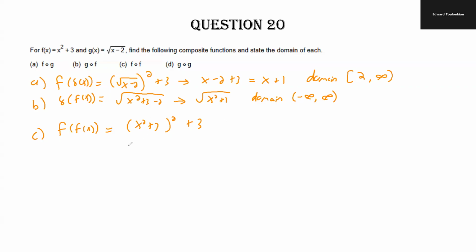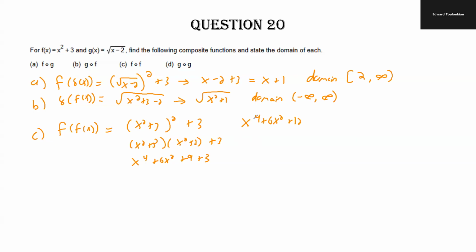This is going to be x squared plus 3 times x squared plus 3. That's going to be x to the fourth, 3x squared and 3x squared is 6x squared, and 3 times 3 is 9. And then plus 3. So this one becomes x to the fourth plus 6x squared plus 12.